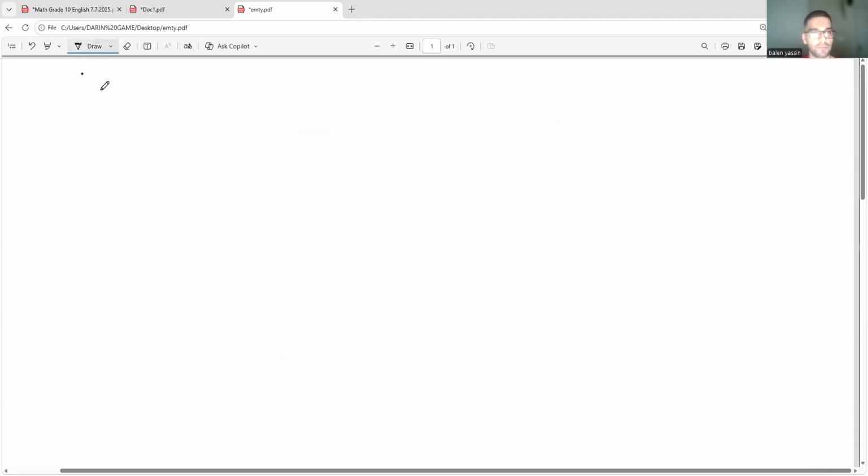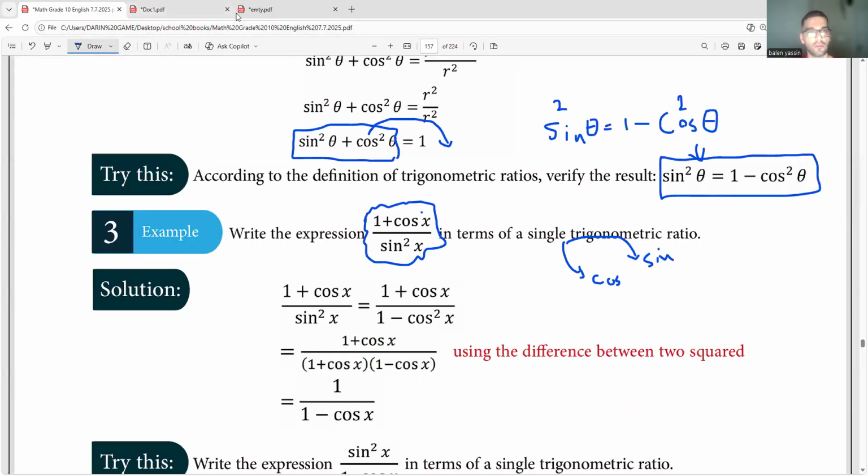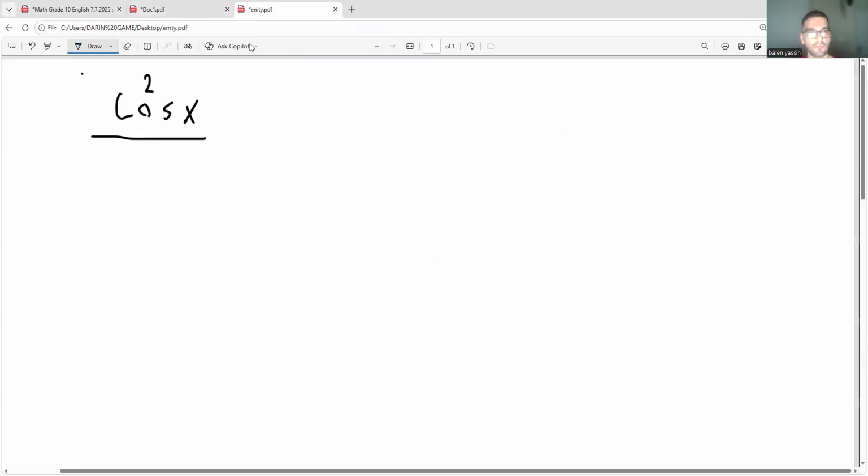So cosine of x, this time in the numerator. And the other one was, let me see, it was 1 plus cosine. Okay, so this time we do 1 minus sine of x. Okay. Similarly, we just want to write it in terms of one of them.